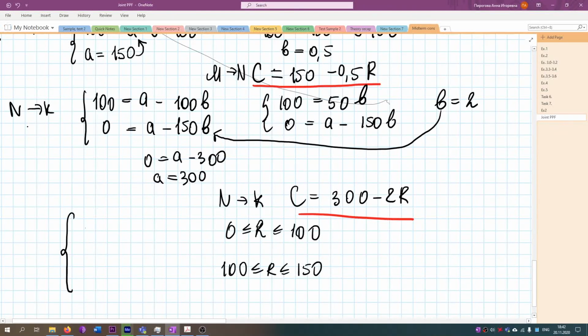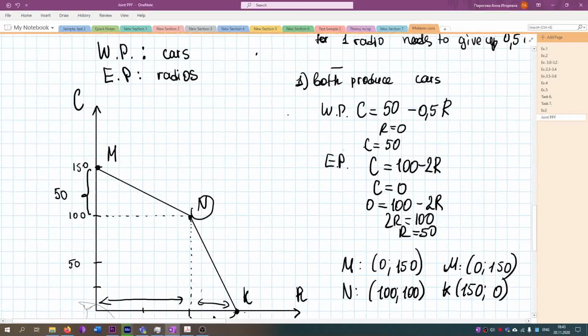And here we write the equation for, so let's write like this. C is equal to, here the equation of the first line, and here the equation of the second line. So that's it for this big task.